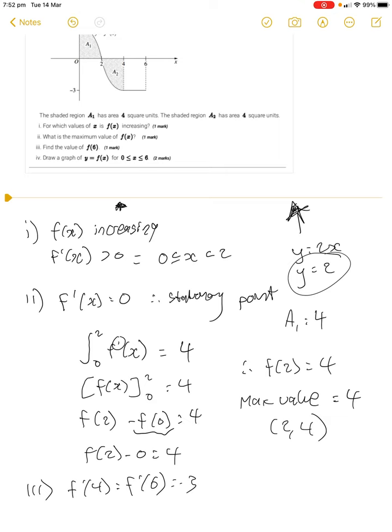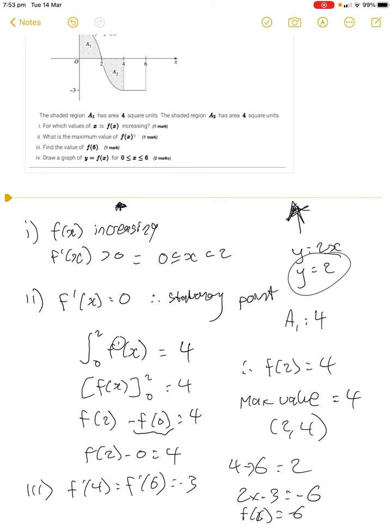And if we want the value of f of 6, well, from 4 to 6 is 2, so we're going to double that value. That means at f of 6, we're going to end up with -6, because of what this graph means. A straight line for the derivative refers to a constant gradient.